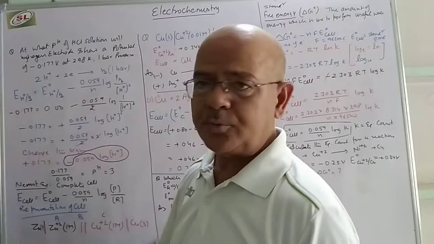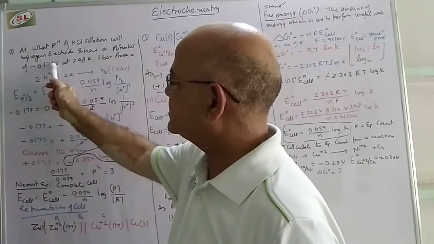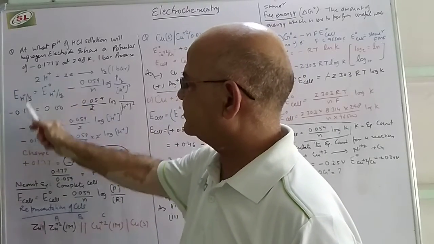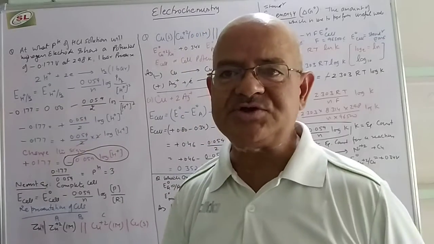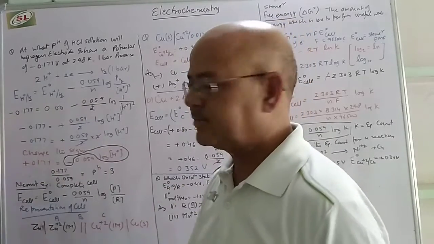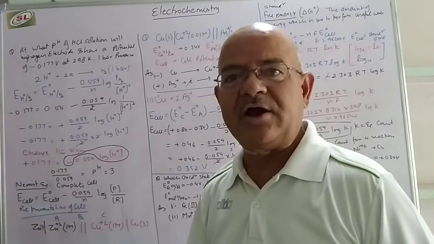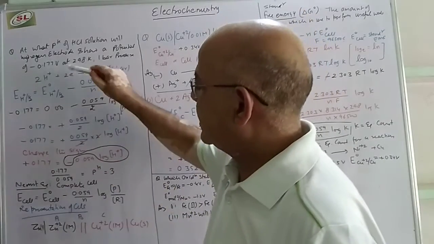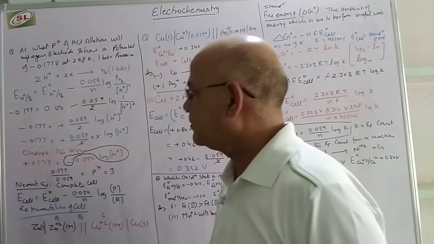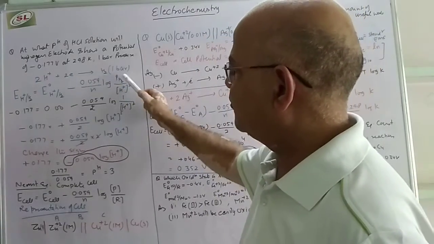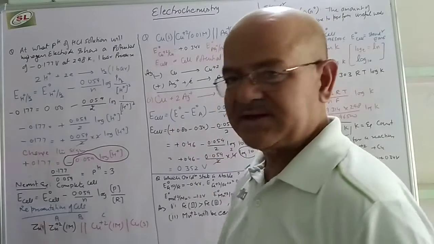Its electrode potential is given as minus 0.177. Standard electrode potential of hydrogen is 0, minus 0.059 upon 2. The value of N is 2 as H+ receives 2 electrons. Log of pressure is 1 upon H+ square.